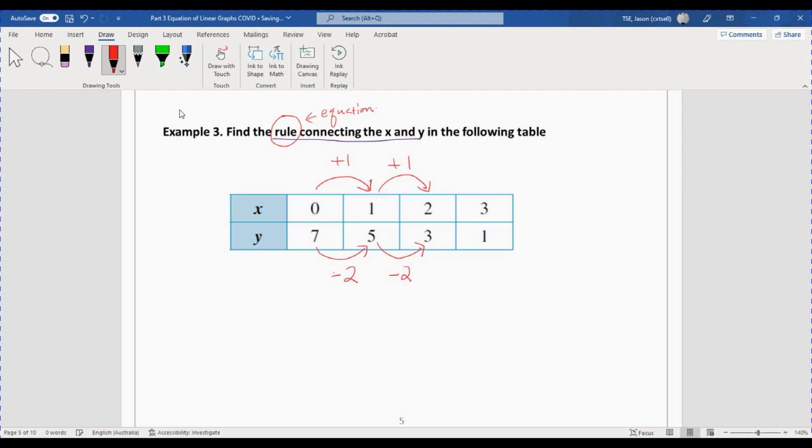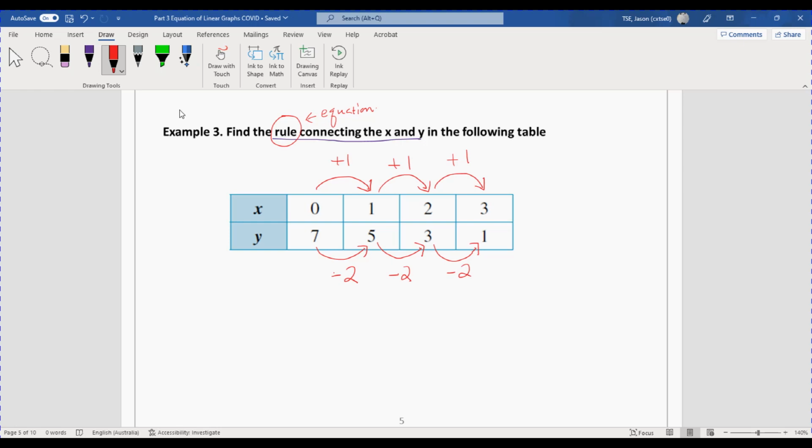Okay, so you see this is a linear relationship because when x increased by 1, y is decreased by 2. And it's always true, because of the pattern. You can check the last pair to make sure. So it's pretty sure now. It should be a linear relationship.